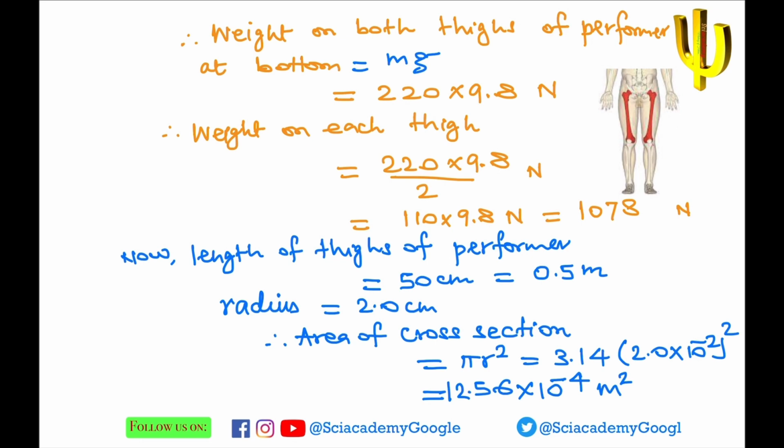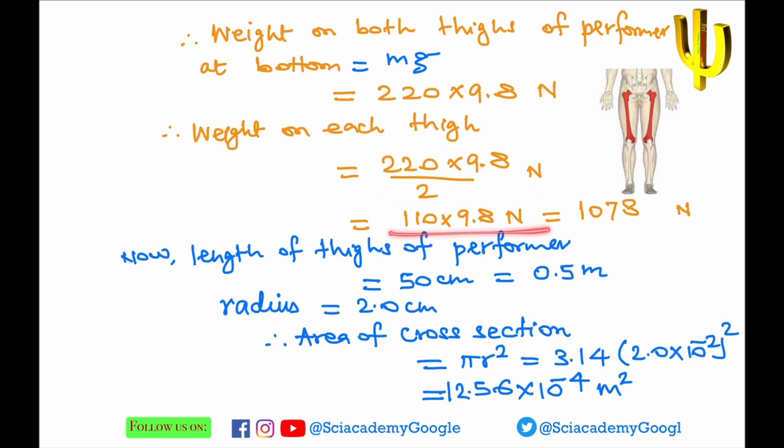Therefore, the weight applied on this femur bone, thigh bone, can be given by m into g, that is 220 into 9.8 meter per second square, that is equal to Newton total. Total weight is equal to this. Therefore, the weight on each thigh is half of this. Since the total weight is acting on the two thighs together, we have to calculate the weight on each thigh. Therefore, it will be half of the total weight.